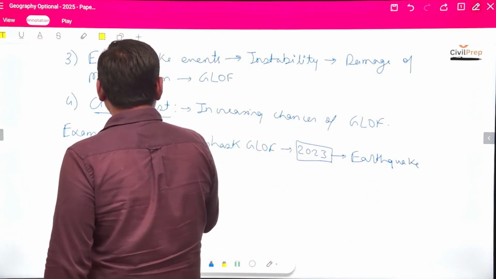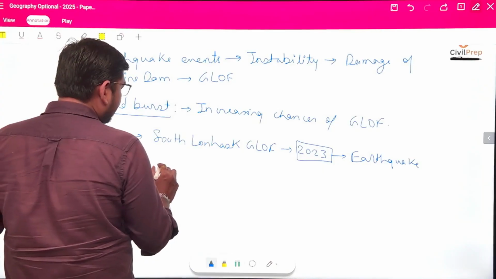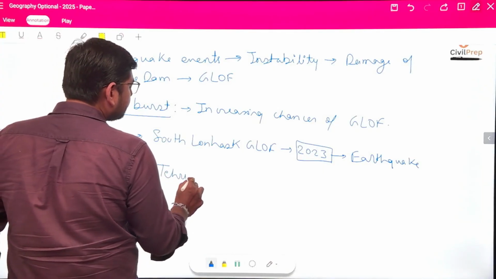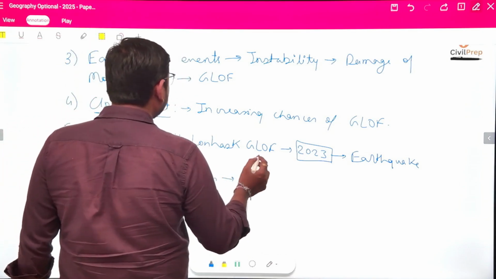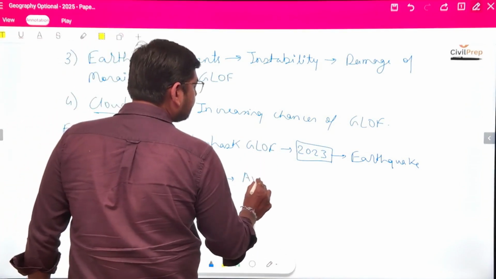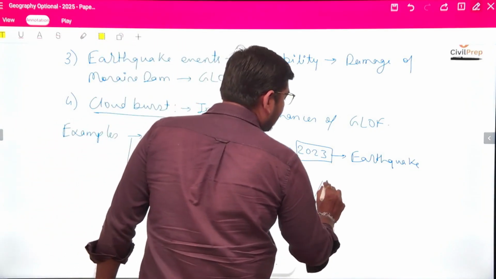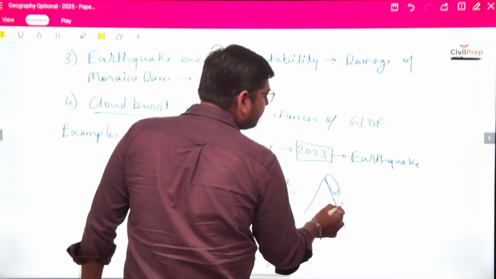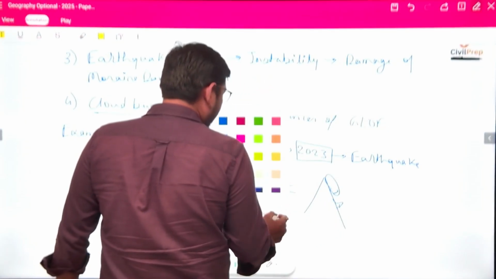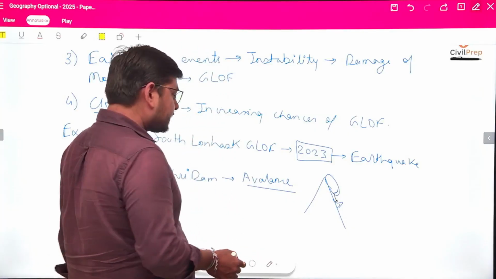We will also see that a GLOF event has happened in the region of Tehri Dam. Here, an avalanche took place. There was a glacier, and a part of the glacier went out of its region and fell into the lake.